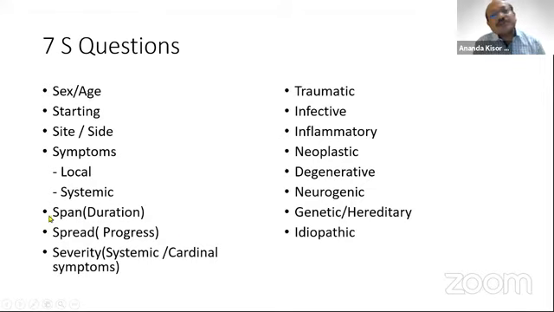Spread means the progress of the disease. Some diseases are progressive, some are non-progressive. Progressive is ascertained with the due course of time. There is a gradual deterioration of the symptoms, a gradual restriction of the activities of daily living, or a gradual reduction of the walking distance.